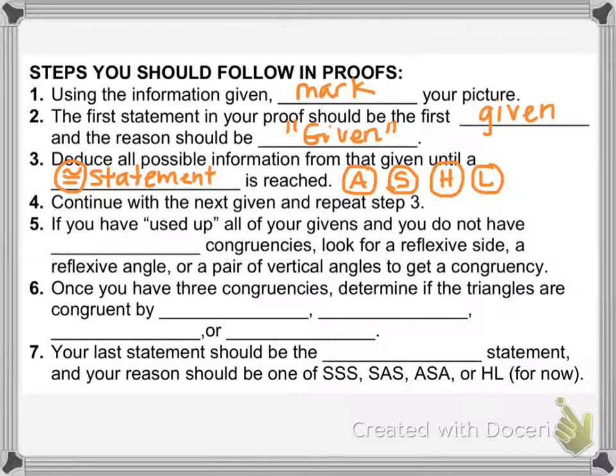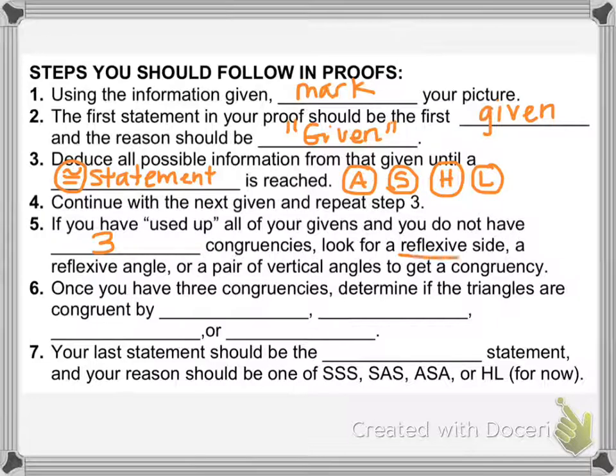Okay? If you've used up all your givens and you don't have the 3 congruent statements, the 3 being either SSS, SAS, ASA, or the HL and the fact that you have a right angle for HL, then you're going to look for some things.